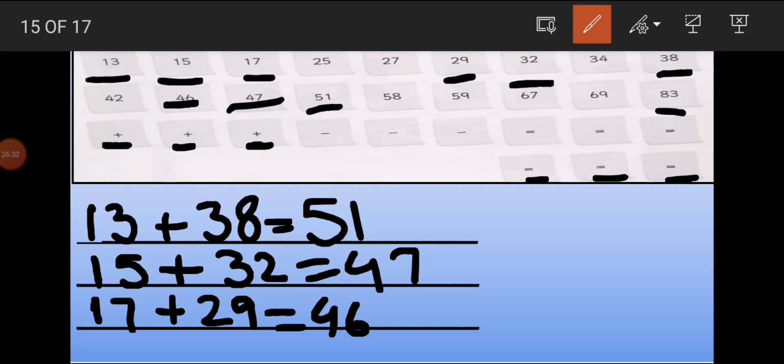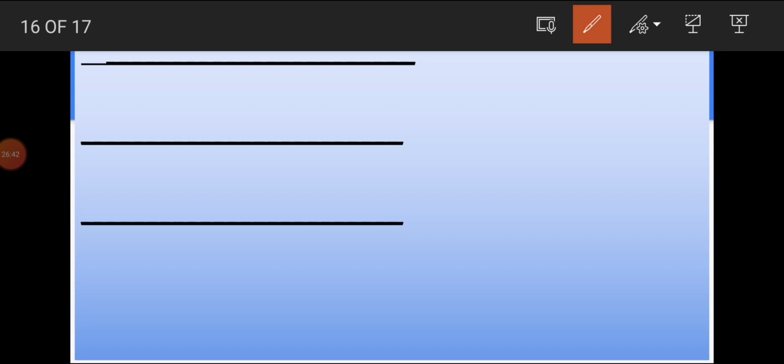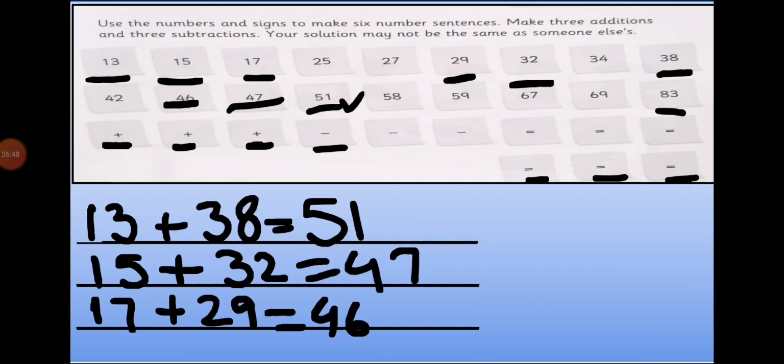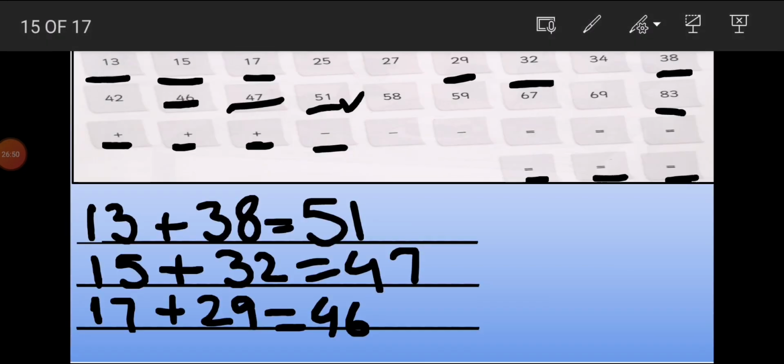Then I will choose my subtraction sign. Then I am going to choose number 51 again. So I am writing 83 minus 51 is equal to. We also choose is equal to from here.